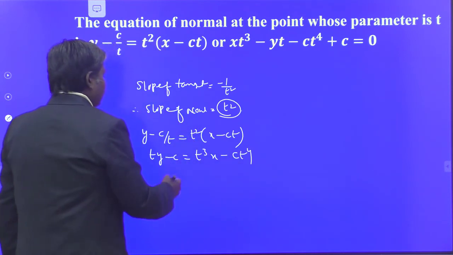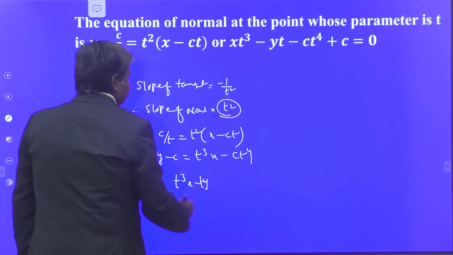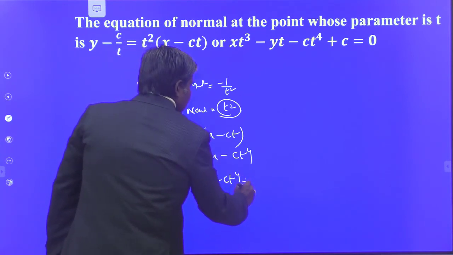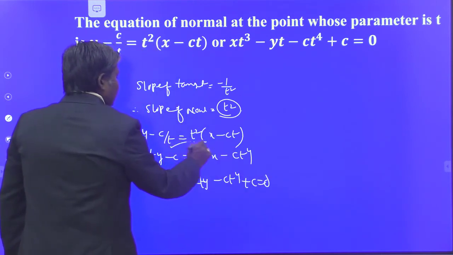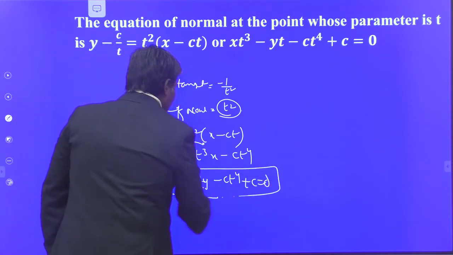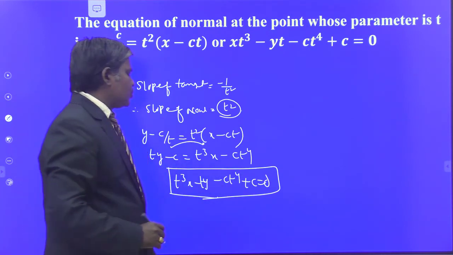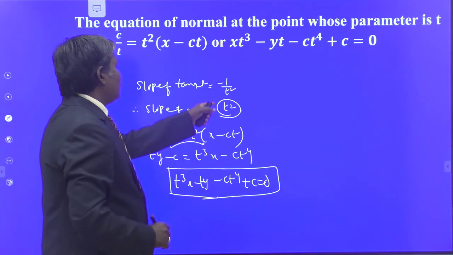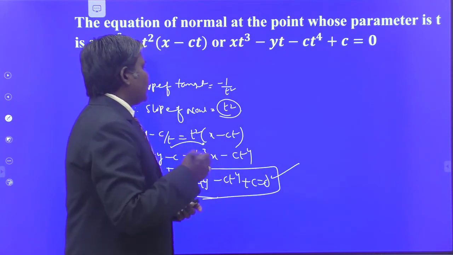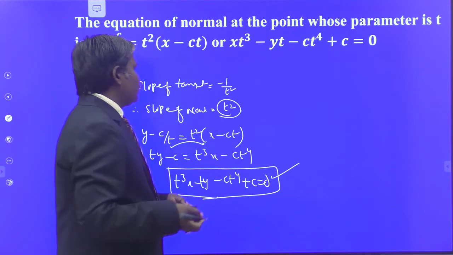So take these terms to the right side, we get the equation of the normal as t cube x minus ty minus ct power 4 plus c is equal to 0. So slope of the normal is what? t square. So this is the equation of the normal to the curve at the point ct comma c by t to your rectangular hyperbola xy is equal to c square.